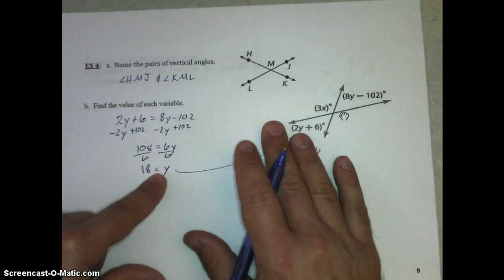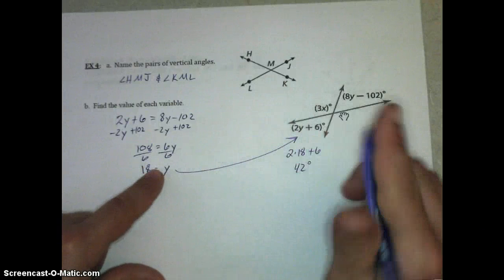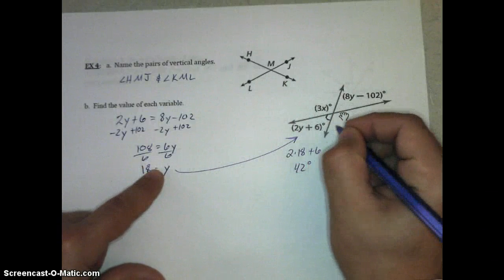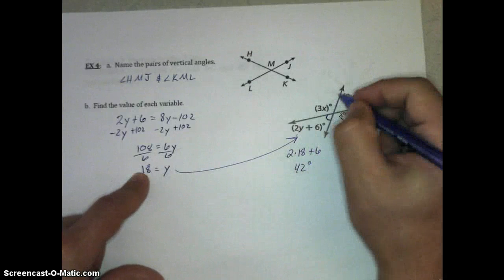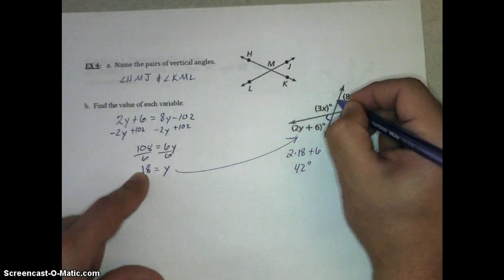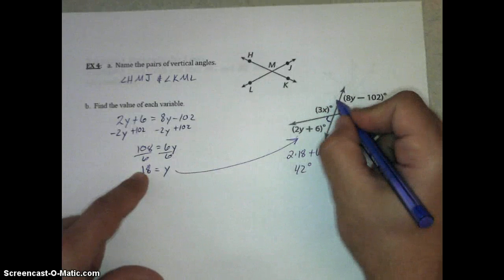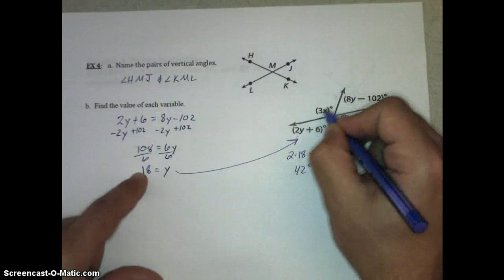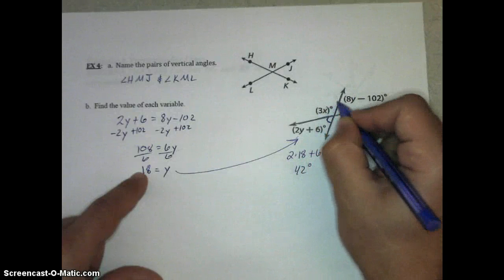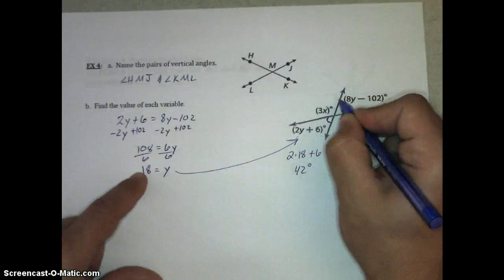So that's the value of one variable. To find what x is then, I'm going to need to know this angle measure. Well, 2 times 18 plus 6 is 42 degrees. Now I'm going to go back to my concept of supplementary angles, because if I have a linear pair of angles, which I have here and here, those will always add up to 180 degrees because they form a straight line.